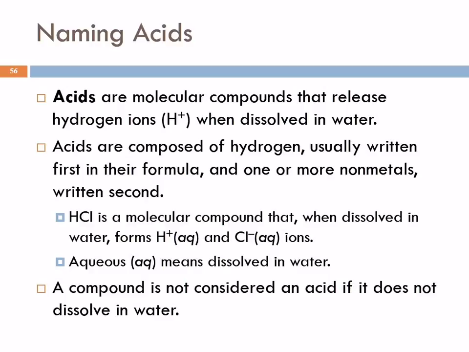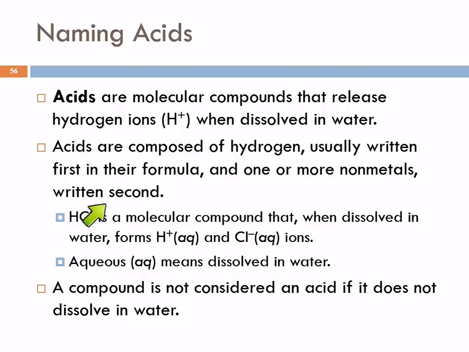Hydrogen, although it likes to hang out with lithium, is a nonmetal. And we've got hydrogen and other nonmetals. This is a molecular compound. But we name most of the acids slightly different than we do the molecular compounds.